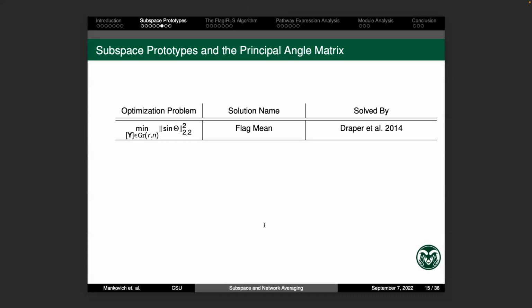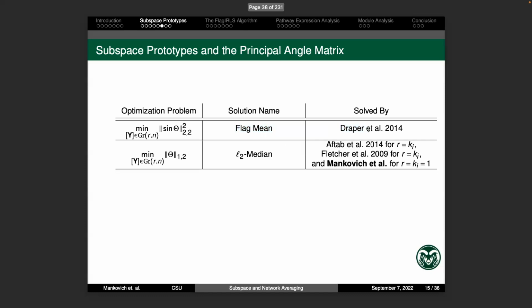So here's one of the optimization problems. The solution is called the flag mean, and it was solved by my advisor, Dr. Michael Kirby, and Bruce Draper, and a number of other people. So there's another one, which is called the L2 median, which is kind of like the canonical median of subspaces in a sense.